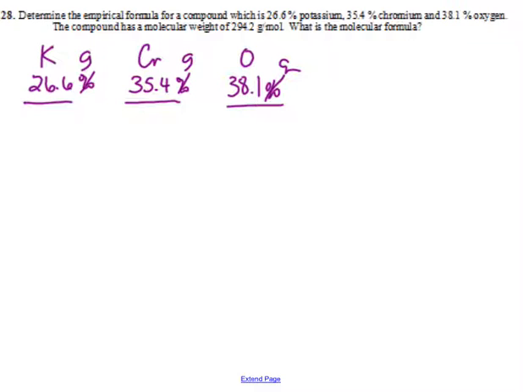So chromium is 52.00. Oxygen is 16. Potassium, I don't know the decimals, 39.10. So there's my molar masses. Again, these are in grams per mole, so we'll end up with just moles after the division, since those are grams. So what is our potassium moles?